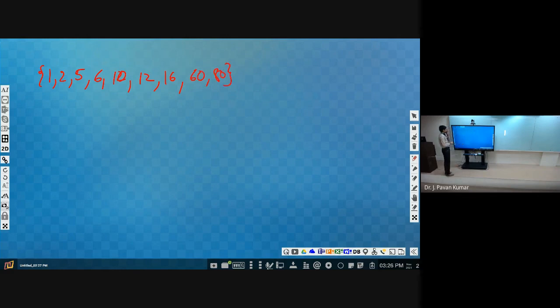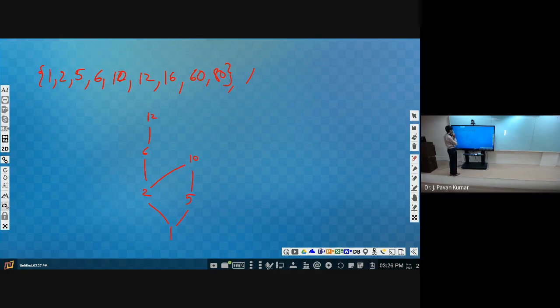Now you have to find whether it is a lattice or not. Again only the division relation. Now 1 is related to 2, but 2 and 5 are not related. 2 and 6 are related, so 6 we will get like this, and 10 like this, and 2 to 10 we will have, yes or no. 12 we will get, and 6 is related to 12.